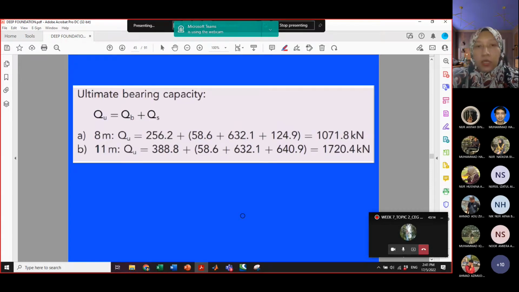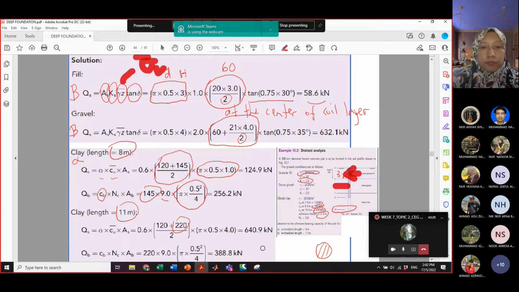Okay, finally, what we want to estimate is the ultimate bearing capacity. I just explain this at 8 meters; for 11 meters you look at it again. Finally, the end bearing, we calculate at 8 meters, which is 256.2 in clay.